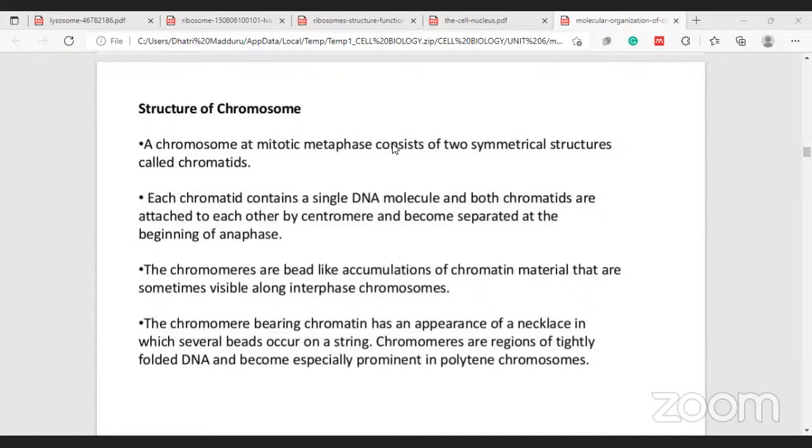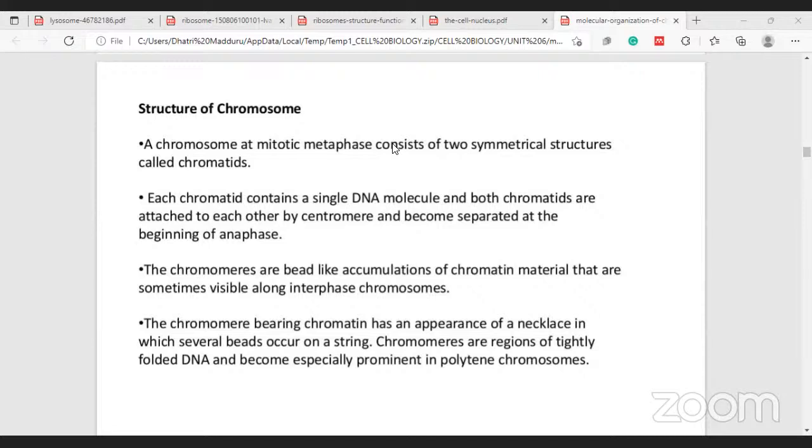In the prophase also you can see, but you cannot see them clearly, the separation and all these things. In the metaphase they will be arranged at the middle and you can see them clearly, and they will get separated. So that's why we can see the condensation more clearly, the chromosomes in metaphase.